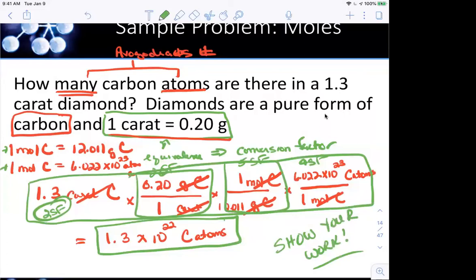You can always do something stepwise, but you want to be able to show me in detail using units and identity like carbon atoms, right? I can't just put atoms here. These are carbon atoms, in order to show me that you totally understand what the problem is asking.